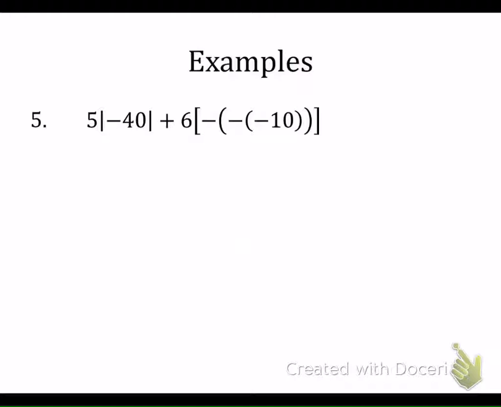All right. Order of operations, I am going to start inside the grouping symbols in the innermost grouping symbol. So I'm going to start right here. Is there anything I can do with just the negative 10 part? No, ma'am. No, so I'm going to take it out to the next grouping symbol. What's a negative 10? Positive 10.